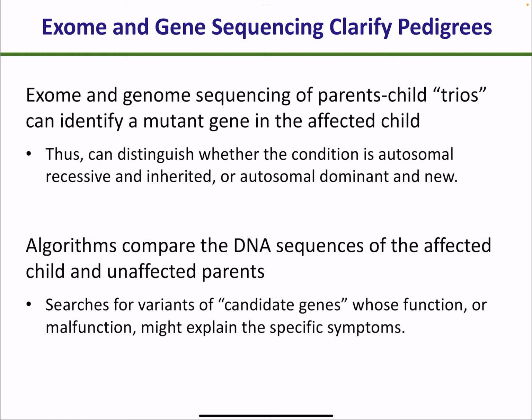Also, by doing the exome analysis and gene sequencing, we can come up with potential treatments of diseases and explain why some symptoms are developing, and be able to anticipate and solve the problem.